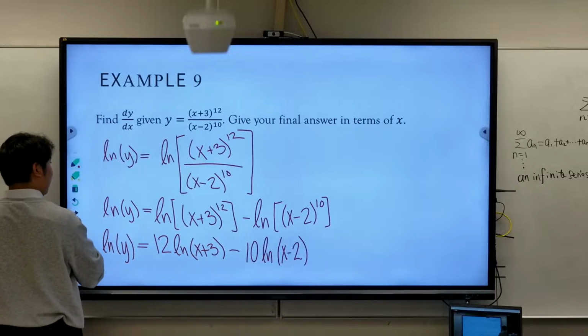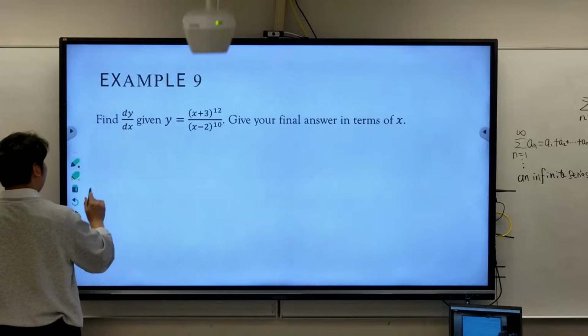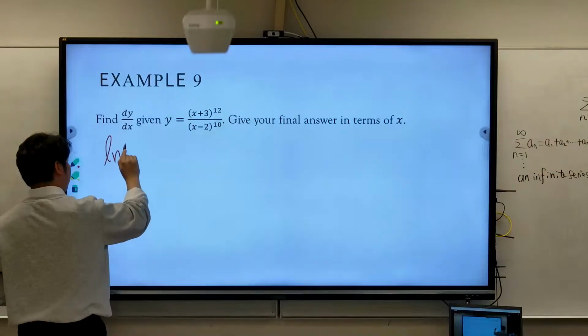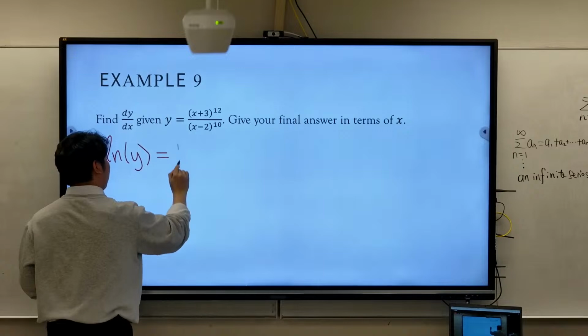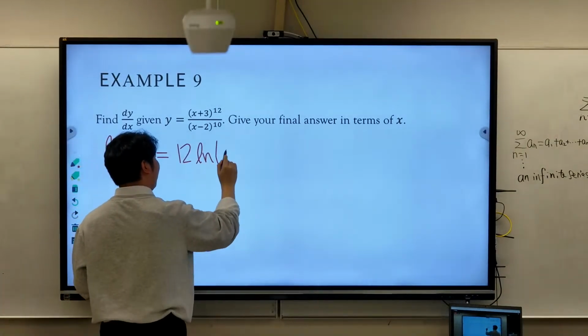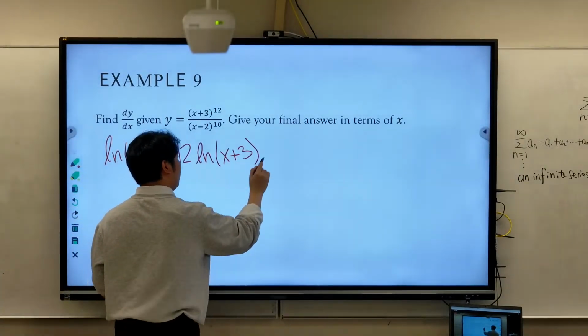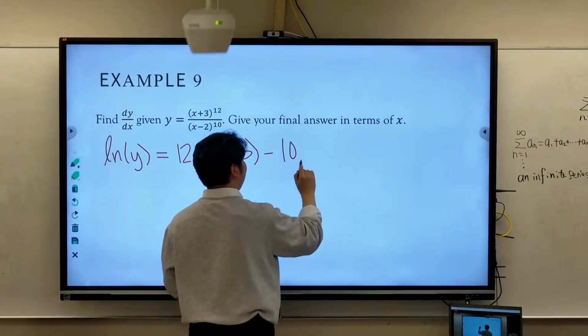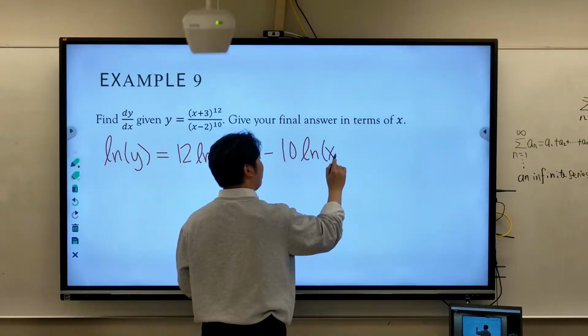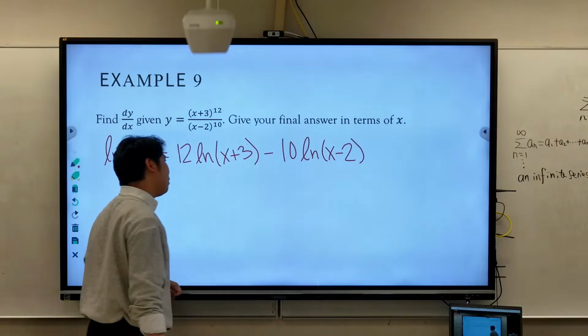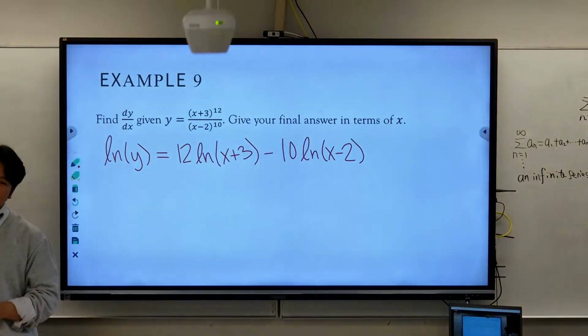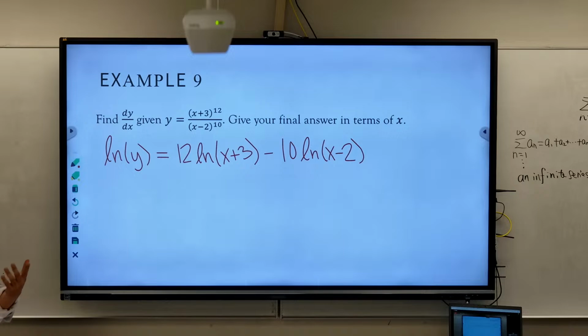Natural log of y was 12 natural log of x plus 3 minus 10 natural log of x minus 2. I claim that this might be a good spot for me to do some implicit differentiation, because I got rid of that big quotient, I got rid of those huge powers.